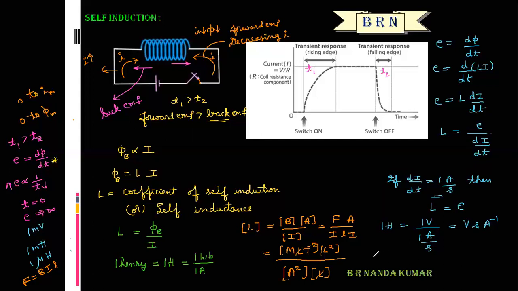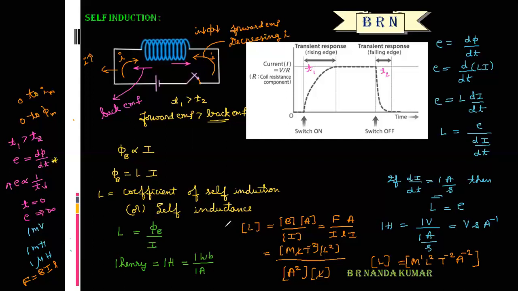Finally, the dimensional formula of self-inductance is 1 in mass, 2 in length, minus 2 in time, and A squared is shifted to the numerator, so A power minus 2: minus 2 in ampere.